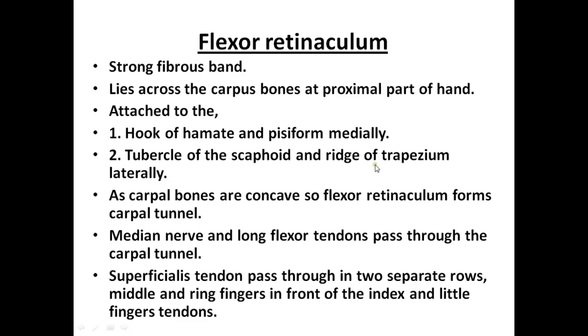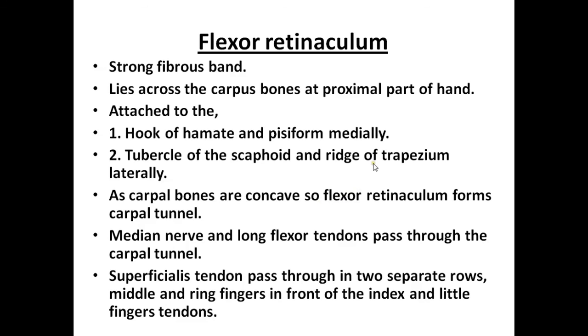When it attaches to the trapezoid, it forms a small tunnel within the flexor retinaculum. As the carpal bones have a concave arrangement, the flexor retinaculum attachment provides a tunnel to allow the passage of the flexor tendons in front of the forearm.